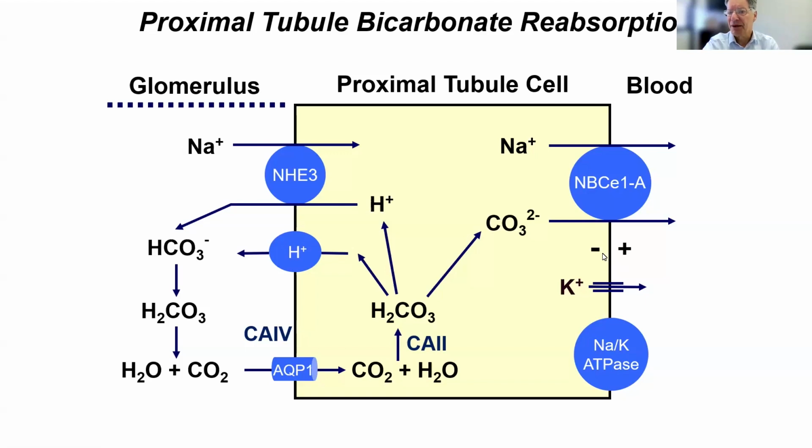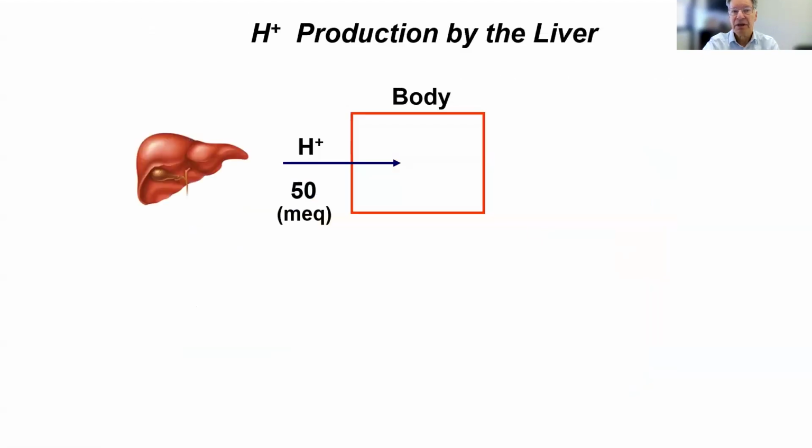The things that affect the membrane potential, though, will affect the sodium carbonate symport out of the cell. So that's how we reclaim bicarbonate from the lumen to the basolateral side.